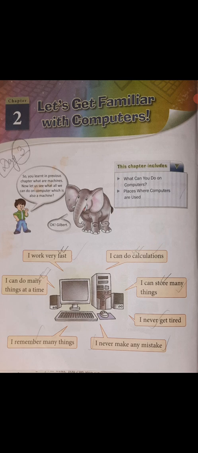And the last point, I never make any mistake. That means a computer never makes any mistake. As it is a machine, it can do so many things at a time. It can work very fast. It can do lots of calculations. It can store so many things, but it never makes any mistake.